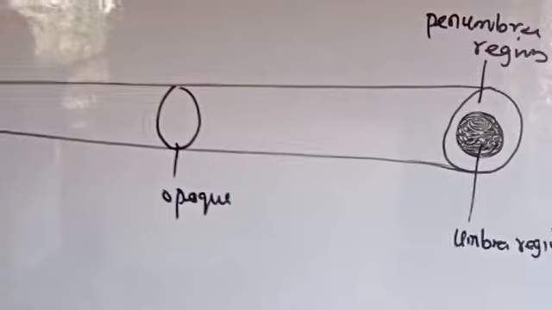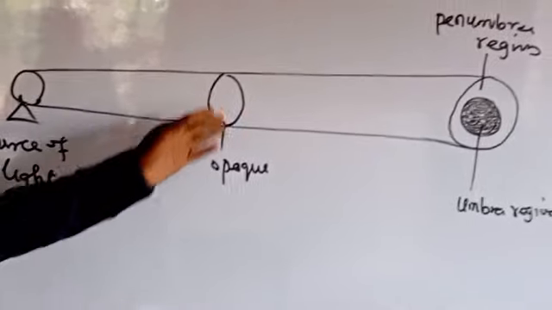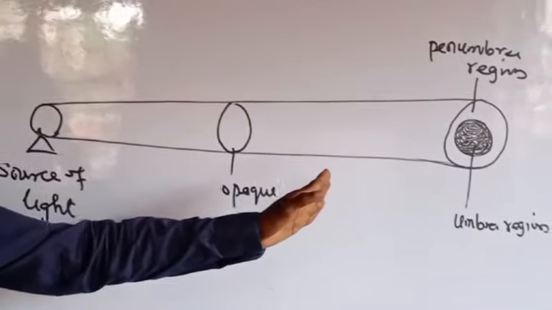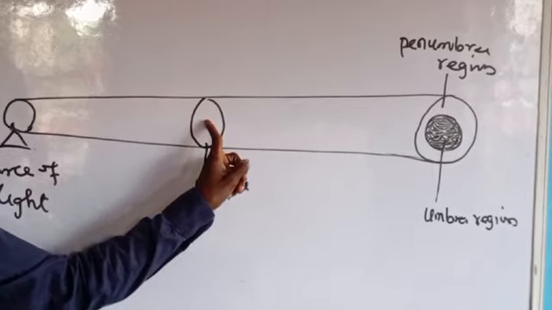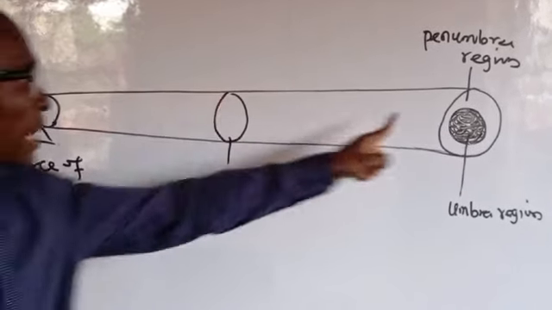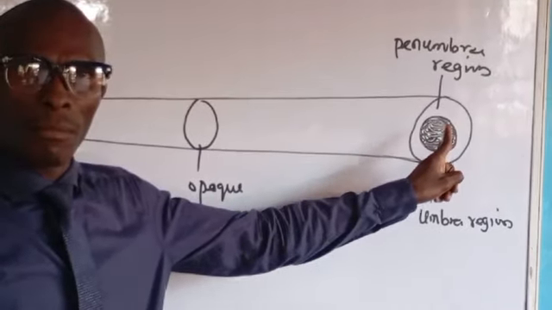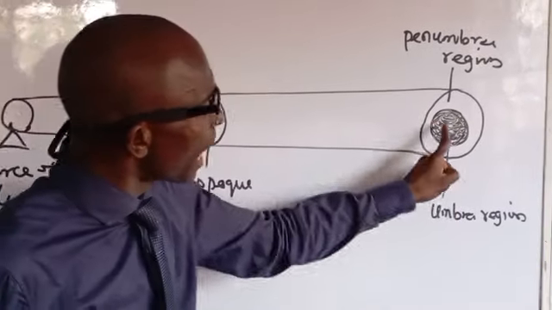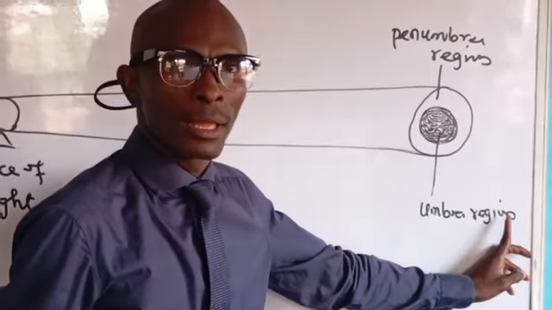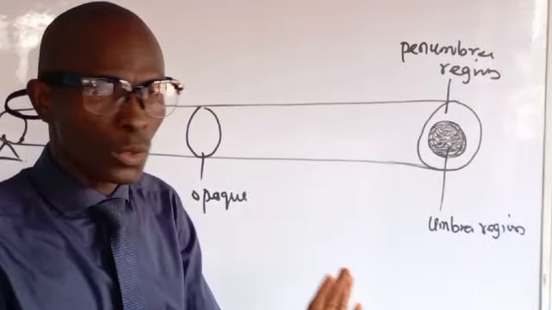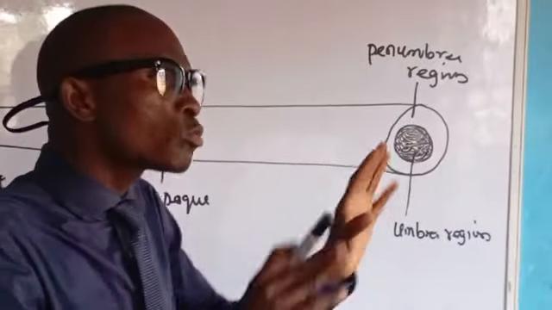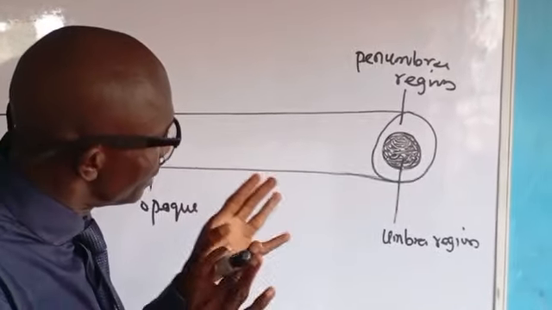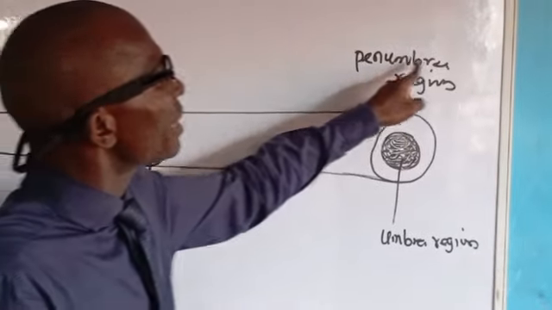So when you are talking about a shadow, you must get this understanding. If you look at this opaque object, you can see the shape on the wall. This is the screen. This darker part is umbra, which is the darkest part of a shadow, while the gray part with small darkness, we call penumbra.